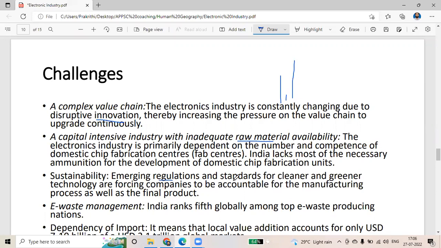Then sustainability, emerging regulation and demands for clean and greener technology are forcing companies to become accountable for the manufacturing process as well as the final product.